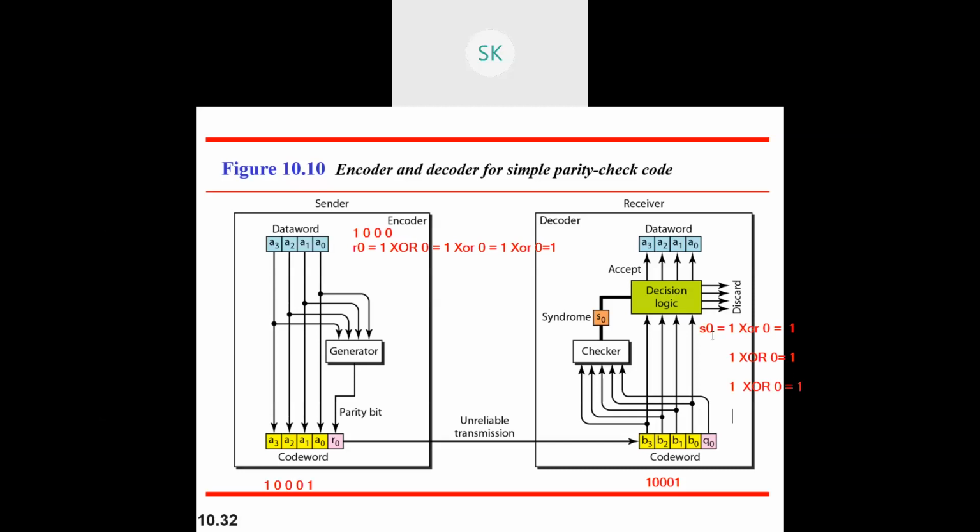With respect to that, that is Q naught here, according to this particular scenario. In this block, it is called Q naught. So XORed with 1 will always result in 0. Once S naught is 0, accept it.